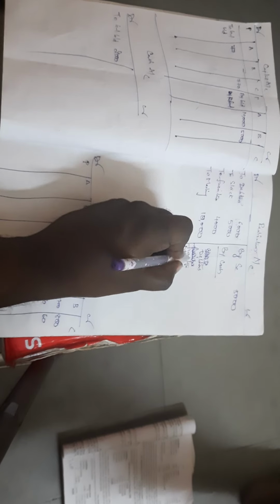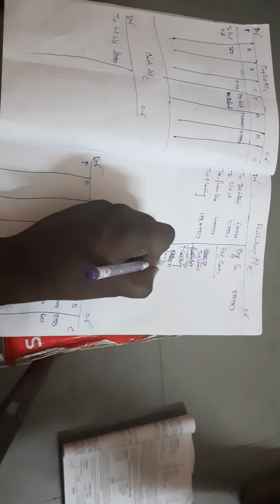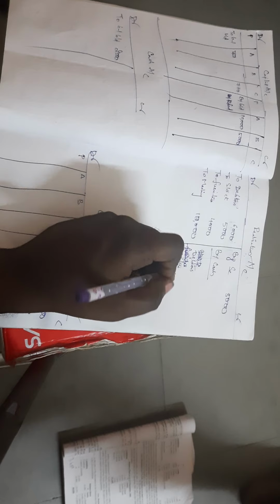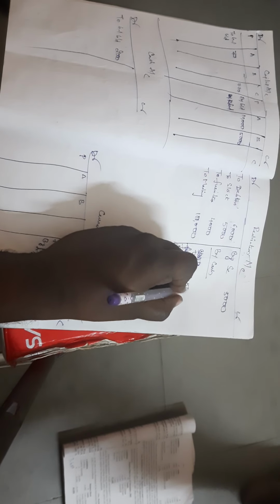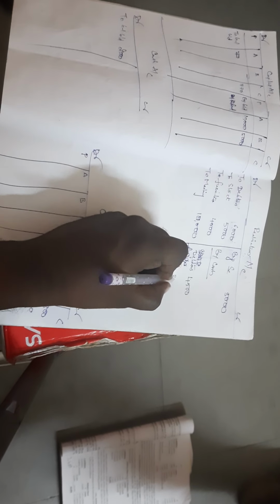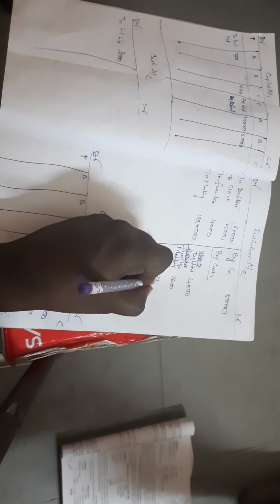Debtors, furniture and machinery. Debtors realized 4,500, furniture realized 3,600 and machinery it is 8,500.